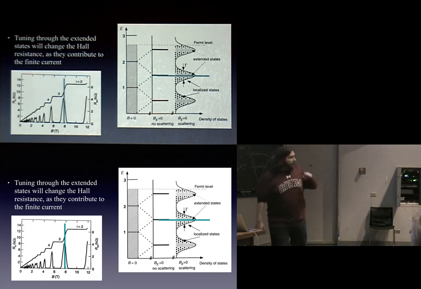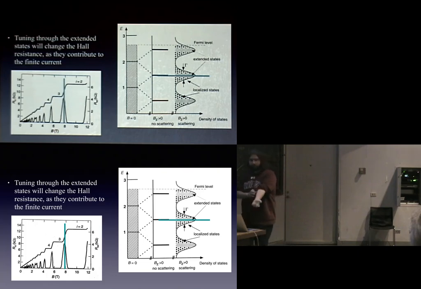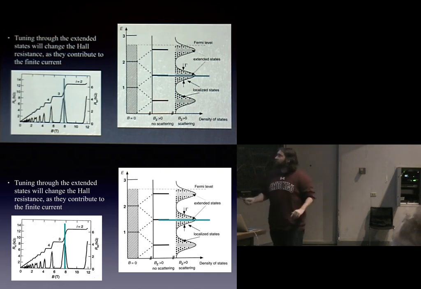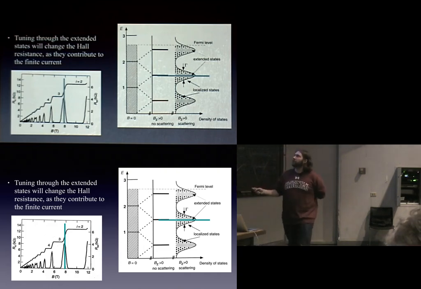Now let me throw a rock into you. What happens when the temperature changes? This is all at essentially 0 temperature. Yes, I should have made that more clear. This is all at effectively 0 temperature.